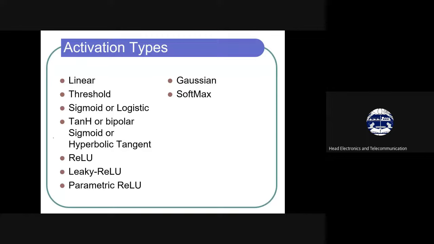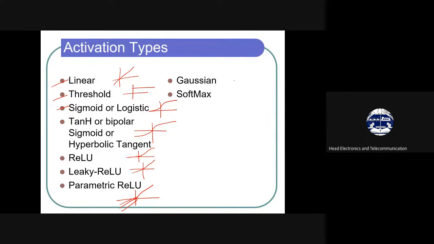So in short, we can say there is a linear activation function, a threshold activation function, sigmoid. So this is linear, this is threshold, this is logistic, this is tanh, then this is my ReLU, this is leaky ReLU. Okay, then I can have parametric ReLU like this.